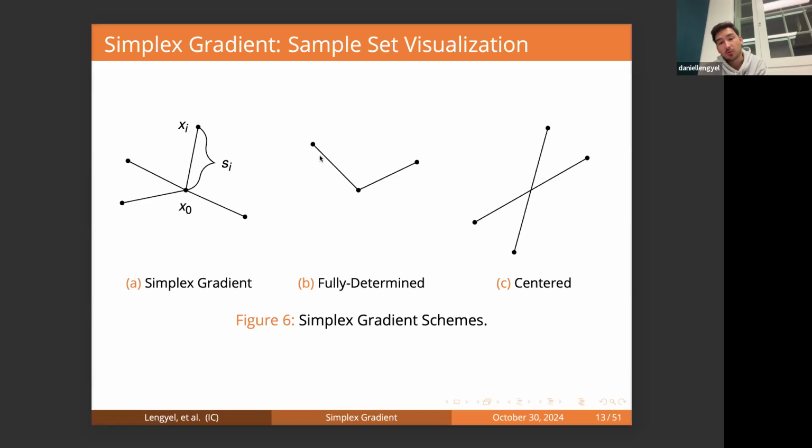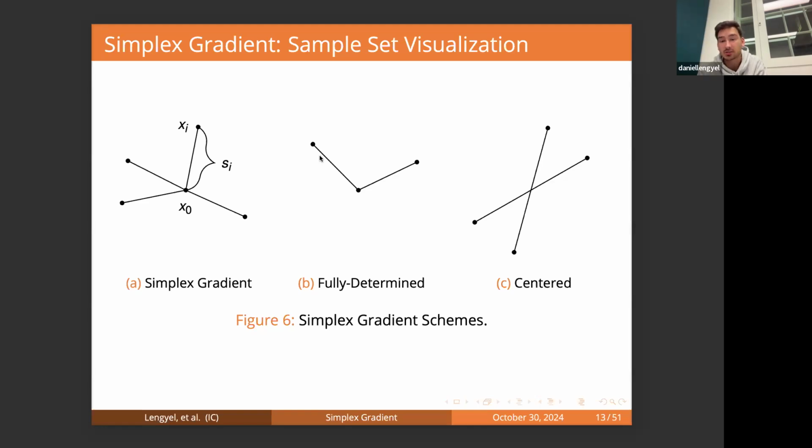Then you have the centered version, which reflects each point. So you get 2d points, twice as many points as for the fully determined. The centered will not be fully determined anymore, so you won't be able to just fit a full plane into it. But it has some other nice properties, as you gain an error order term.